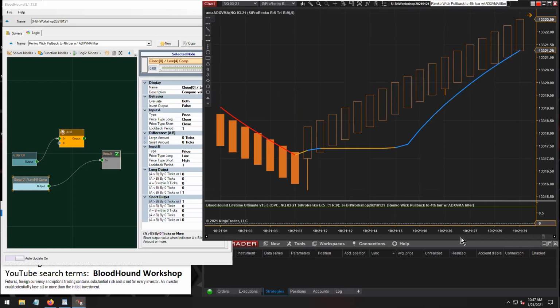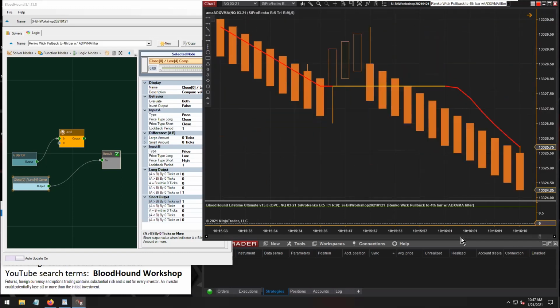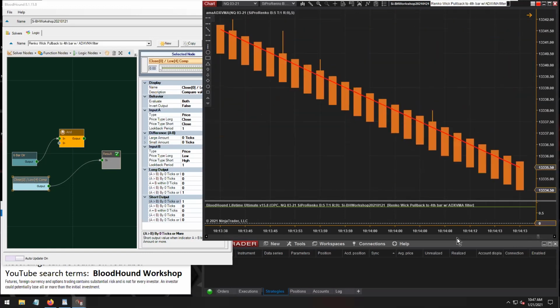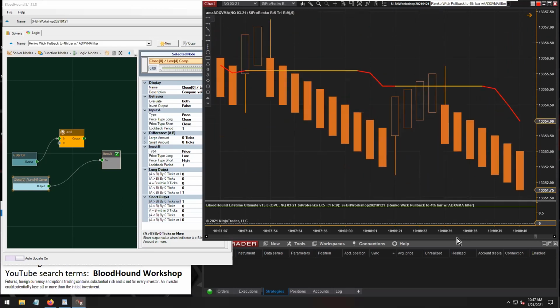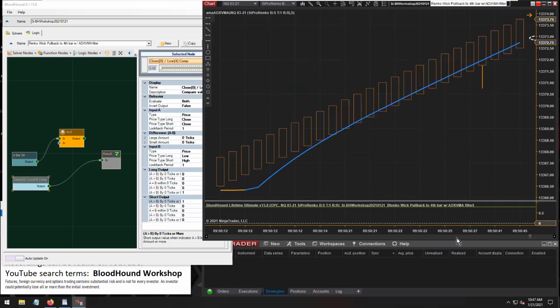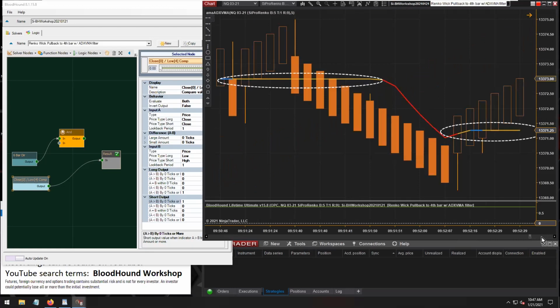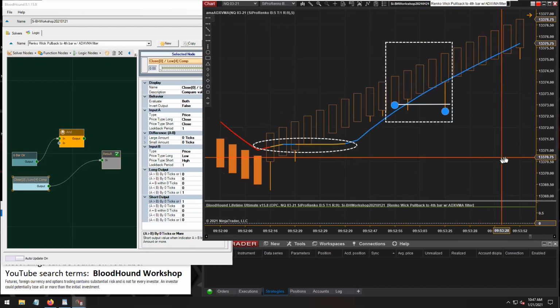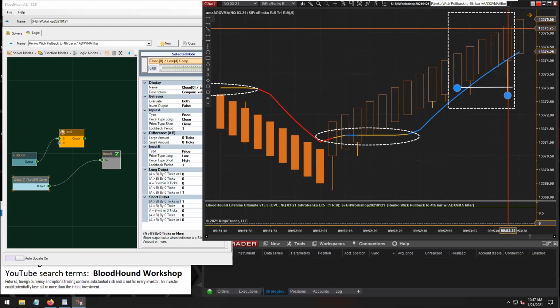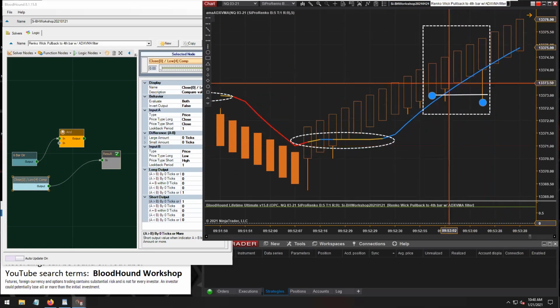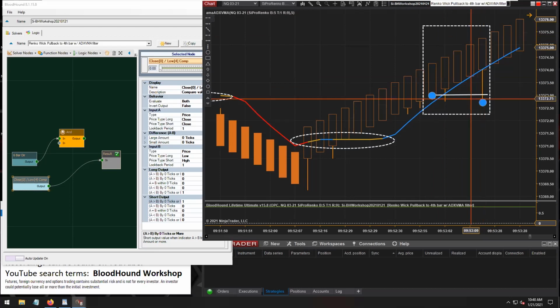Definitely building trading ideas does require lots of imagination. There we go. So we'll just have to imagine what this would look like in real time. But we can see, though, that once the bar actually closes, there's no signal.